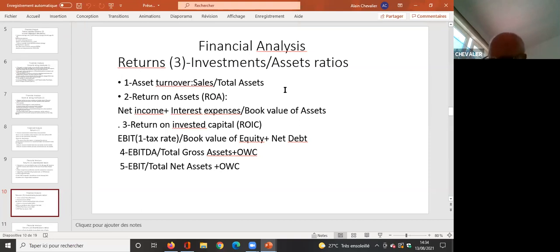You find another ratio in point 5, which is exactly the same, but after depreciation and amortization. And when we calculate both, it gives us a better idea than using only one ratio of the return on the assets of the investment as they are integrated into the balance sheet.